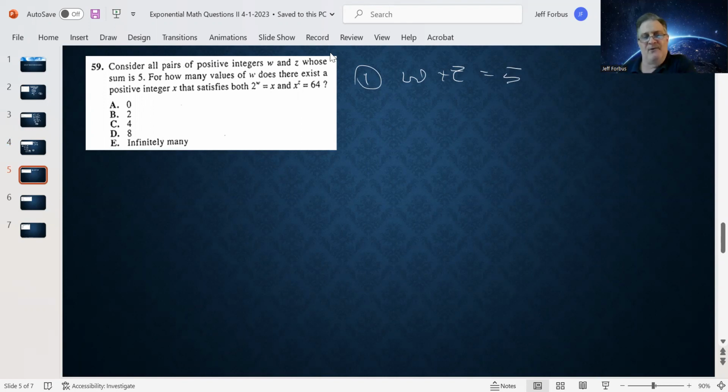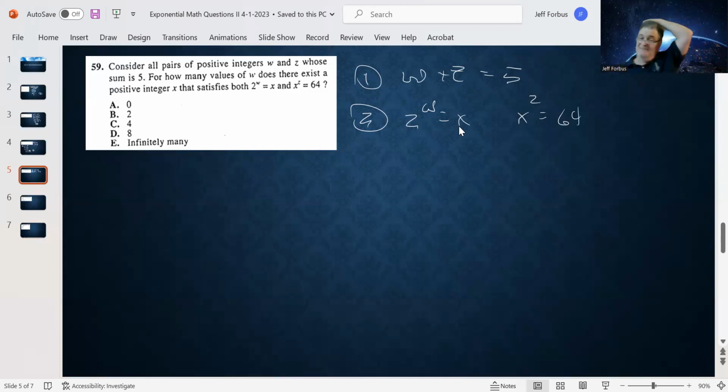For how many values of W does there exist a positive integer x that satisfies both, all right, second part, 2 to the W is equal to x, and x to the Z is equal to 64. Or is that Z?